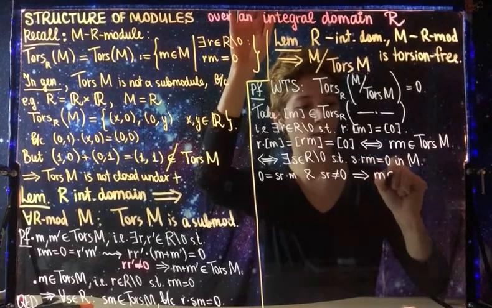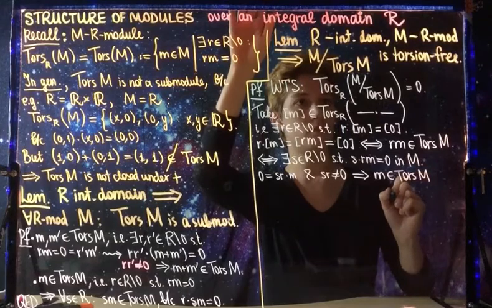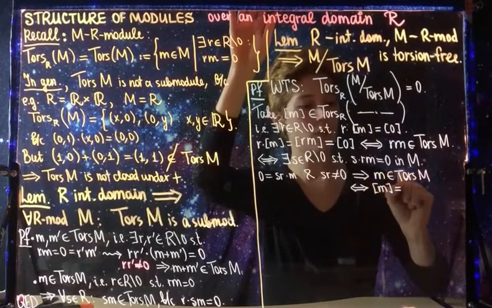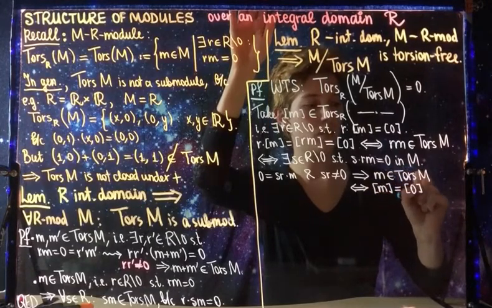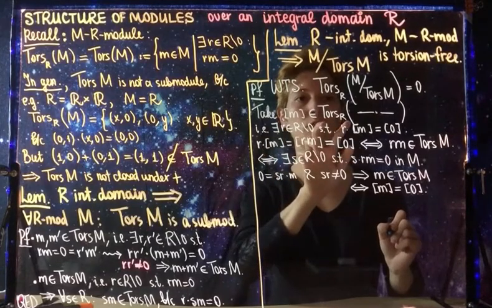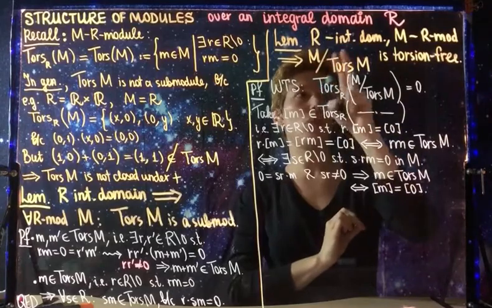Therefore, m itself is a torsion element of M, which means that the equivalence class of m is the zero class. And we proved that any element in the torsion submodule of the quotient is zero. So the quotient is torsion-free.